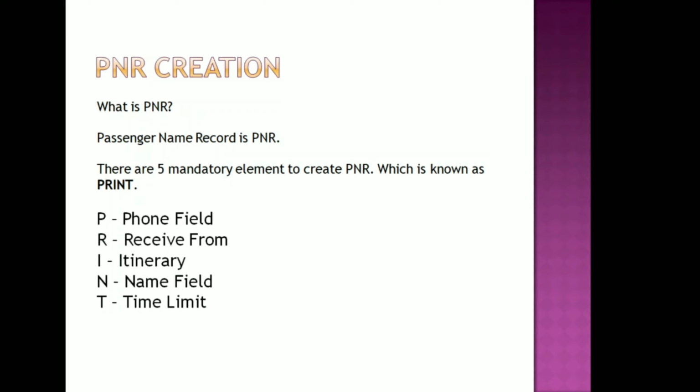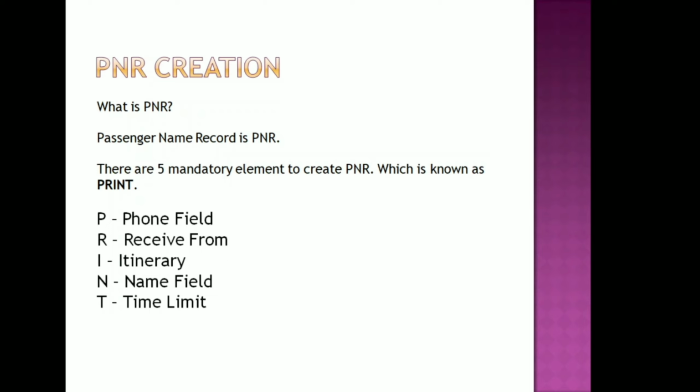Moving to next, PNR creation. Now the question comes up, what is PNR? PNR means Passenger Name Record. Passenger Name Record means all details of the passenger in one go. There are five mandatory elements to create the PNR, which is known as PRINT. P as in phone field, that means the passenger or the travel agency phone.